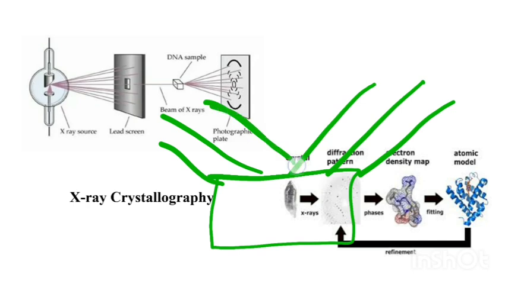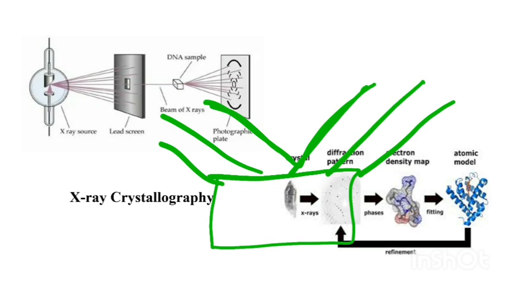The further backward the X-rays scatter, the higher the resolution of the data set. The extent to which a crystal diffracts determines how fine a detail we can distinguish in our final model of the structure. So high resolution is very necessary here.